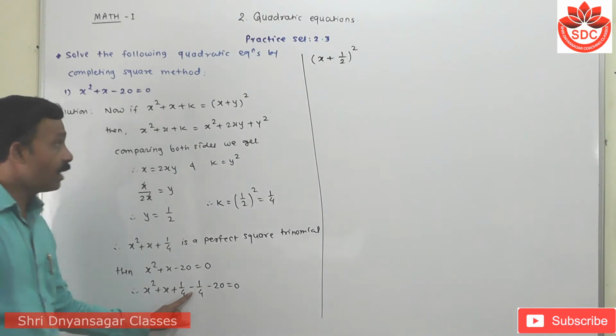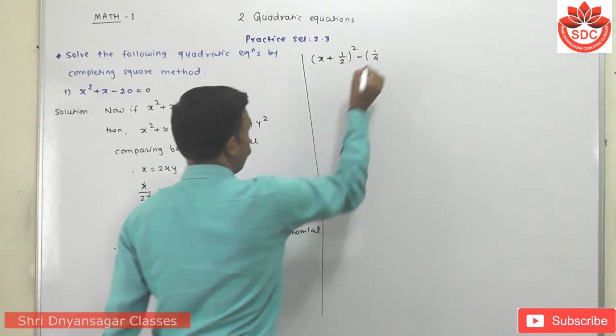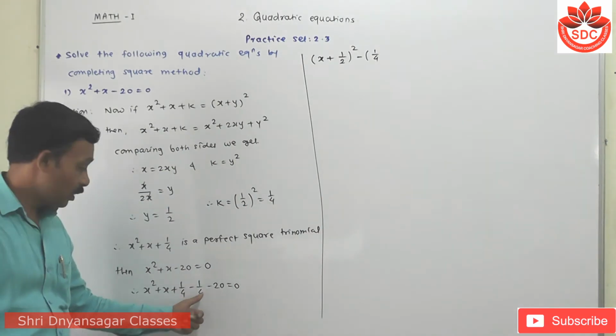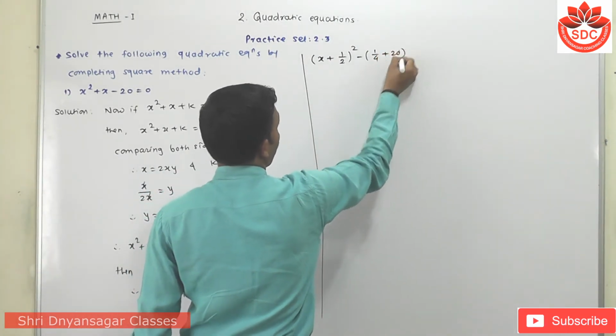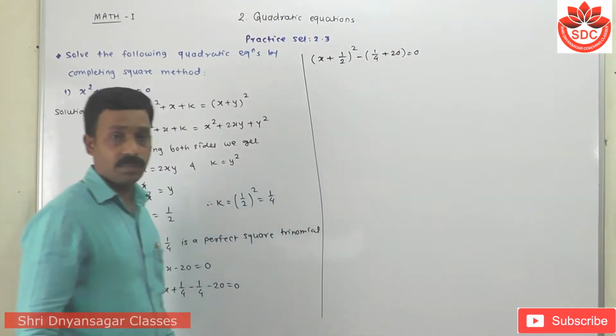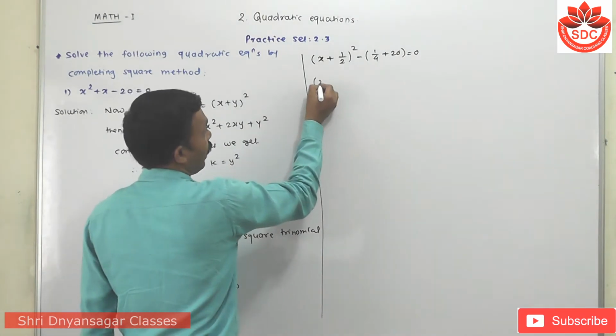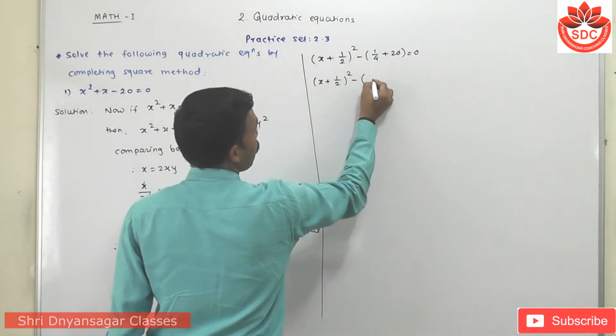Here I have taken the minus sign common. Here is 1/4 minus 1/4. Here is -20, so I have to write here a plus sign, because minus plus minus is equal to how much?